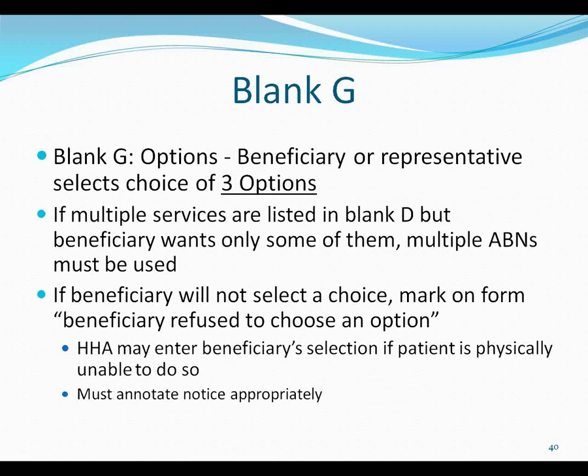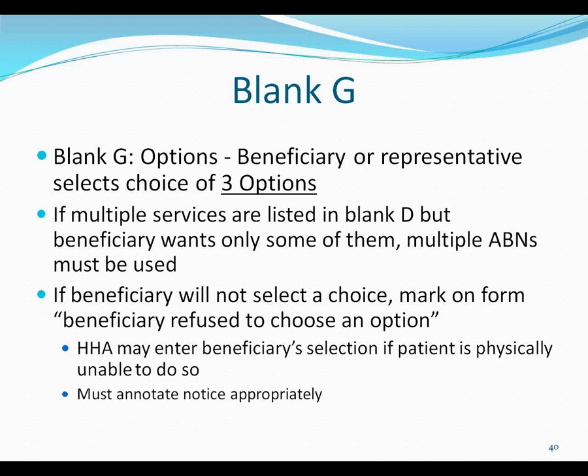In blank G, this is the section that the beneficiary or representative chooses to fill out. And if there are multiple services listed in blank D, but the beneficiary wants only some of them, you might have to give multiple ABNs. If the beneficiary refuses to select one of the choices, and they possibly could, then you need to document that on the form.